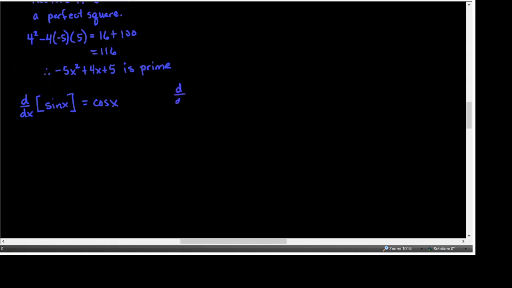And then I gave you this one for free and said the derivative of cosine of x is negative sine of x. So if you know those two, you can find the derivative of any of the other trig functions.